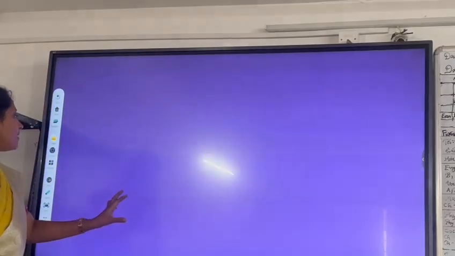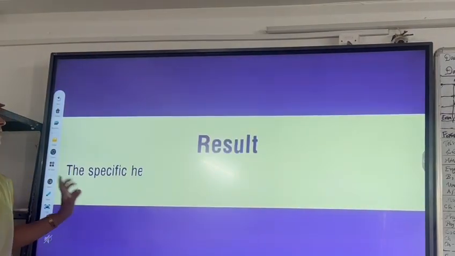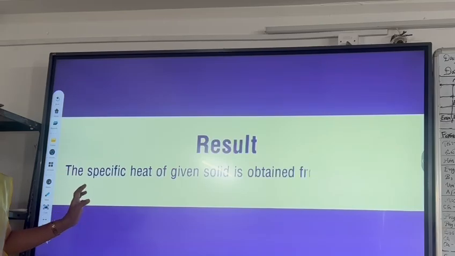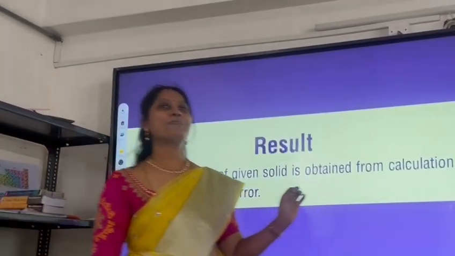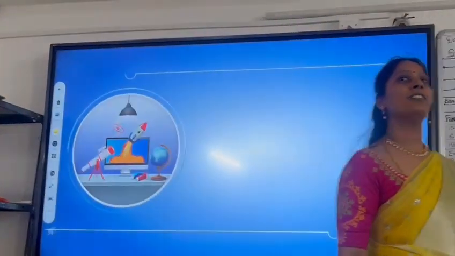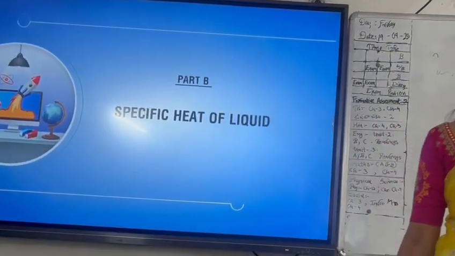By substituting these values, you will get the specific heat of the given solid. This is about how to find the specific heat of the given solid. Any doubts?